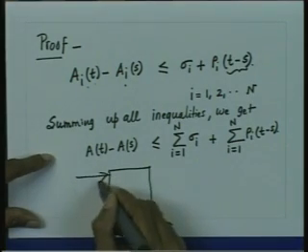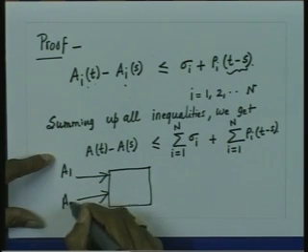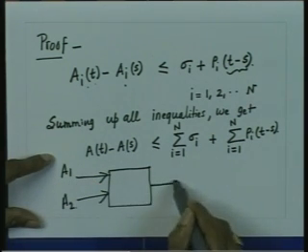Now it can be seen that sometimes this multiplexer can reduce the burstiness. Let me give you an example of this multiplexer. We have an ideal multiplexer with two inputs, A1 and A2, and this is the output.